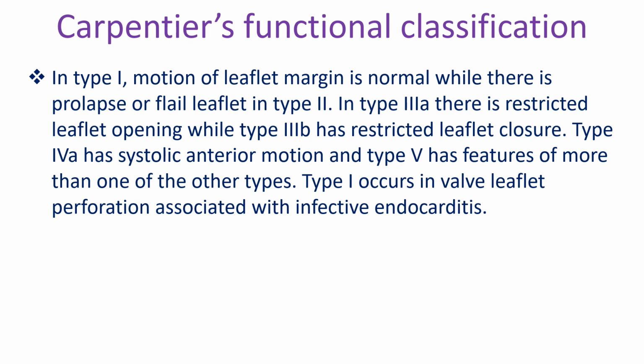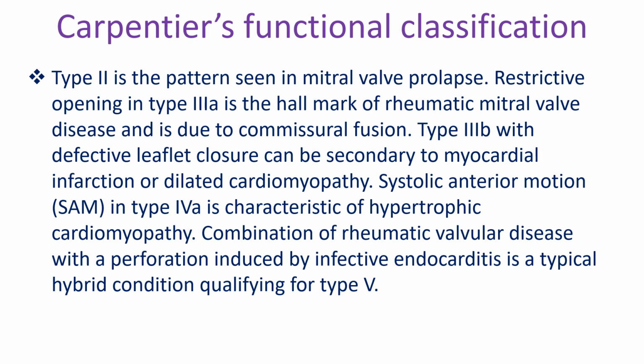Type 1 occurs in valve leaflet perforation associated with infective endocarditis. Type 2 is the pattern seen in mitral valve prolapse. Restrictive opening in type 3A is the hallmark of rheumatic mitral valve disease and is due to commissural fusion.